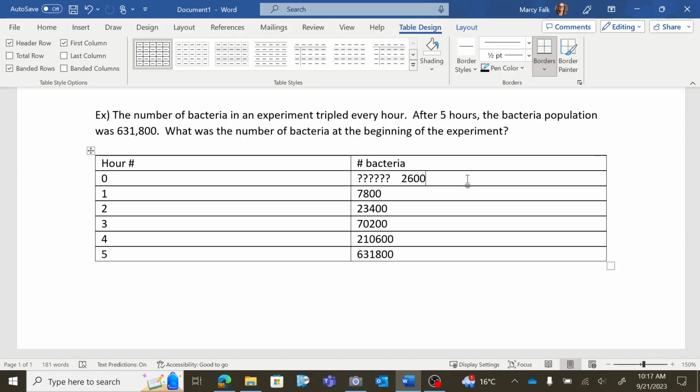Okay, so that works, or you could have divided by 3 to the exponent 5, because I'm doing it 1, 2, 3, 4, 5 times, right?